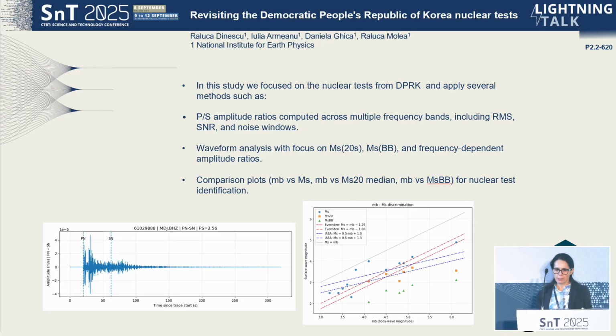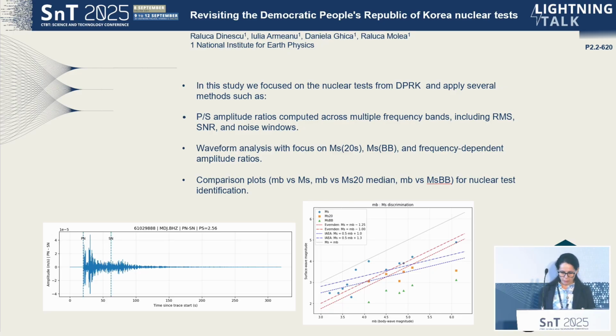As explosions release more P wave energy than earthquakes, the P/S ratios for these are bigger. As another step, I compared magnitudes for the body wave and surface wave. Explosions don't generate strong surface waves, so they fall below the earthquake trend.